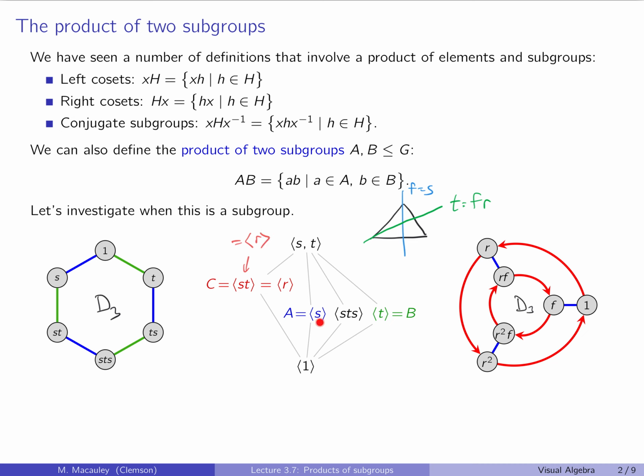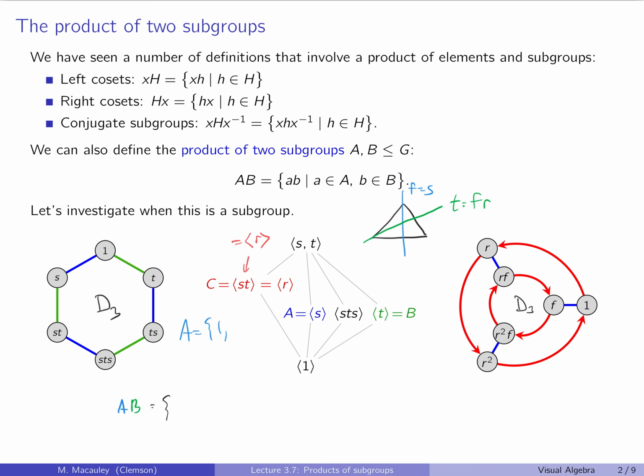So let's let A be the subgroup generated by S, and B the subgroup generated by T, and C the subgroup generated by ST. And we'll consider AB and AC. Let's start with AB. Let's write out what A is.